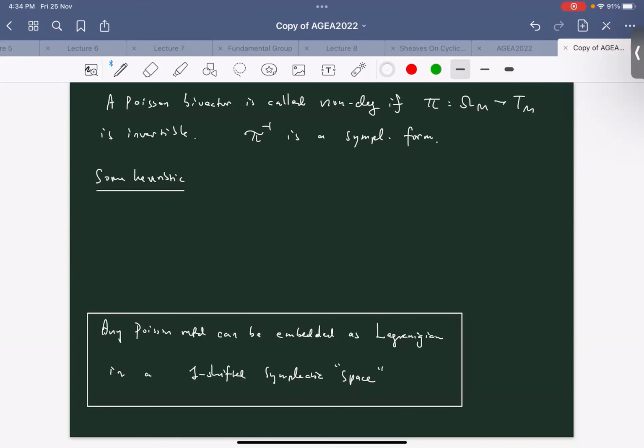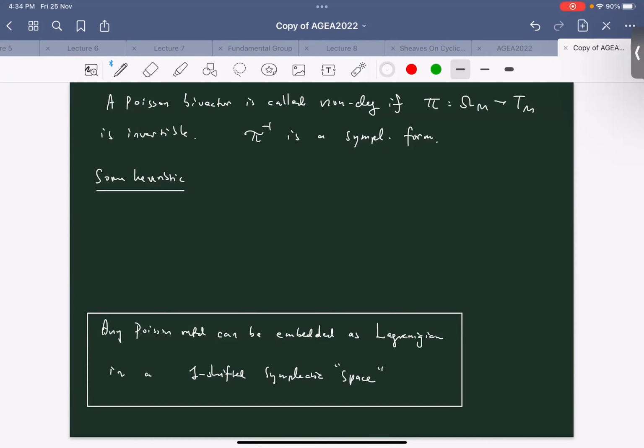Let me give some heuristic. This is not a theorem, but rather a heuristic. So any Poisson manifold can be embedded as a Lagrangian into something called a one-shifted symplectic space. Okay, so here I didn't define what one-shifted is, what the space is, and what is meant by Lagrangian.